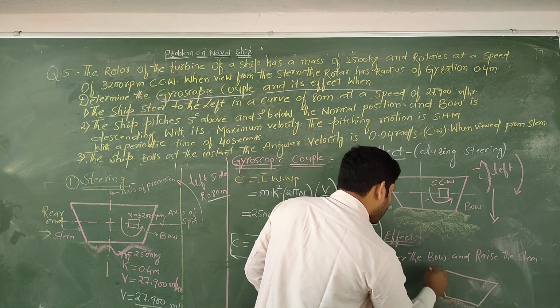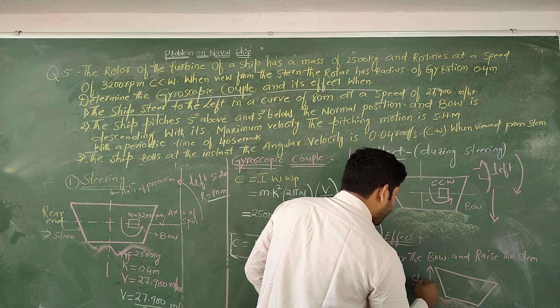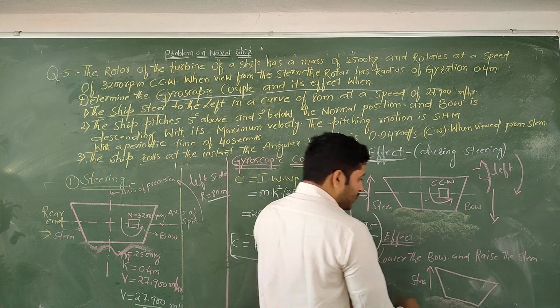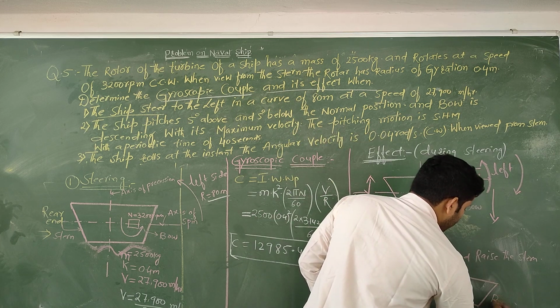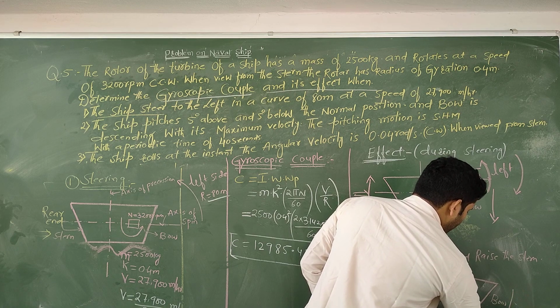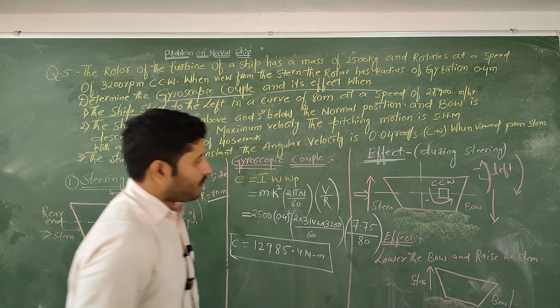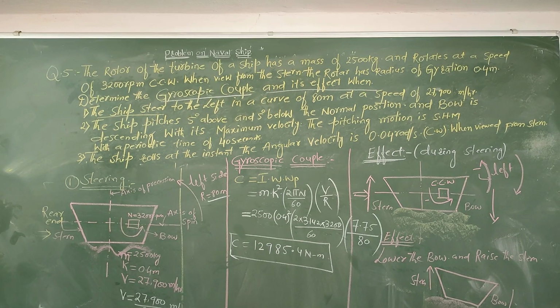So the stern will rise, raise the stern and lower the bow. Okay, please take this snapshot. After that I will rub this out. Again we have to go for the second condition.